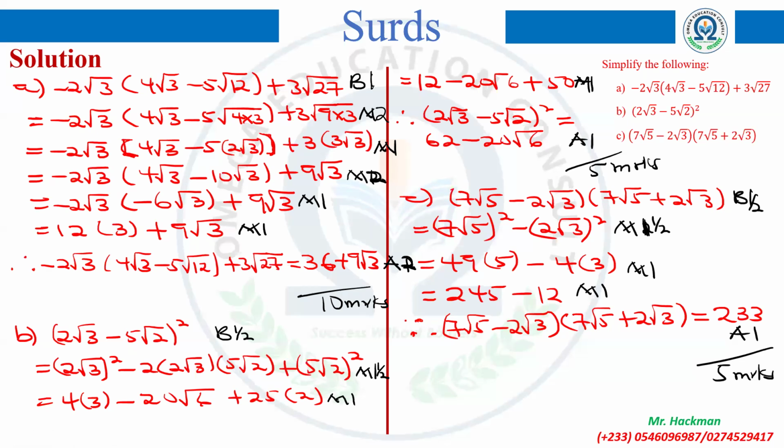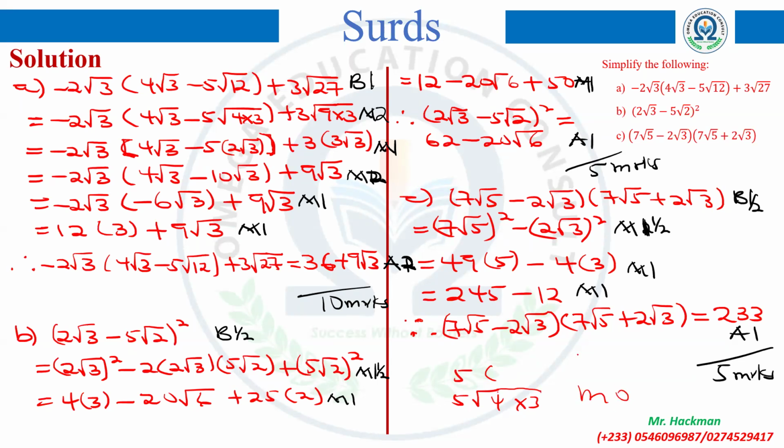So please, if you have any question, take note: anywhere that you are simplifying, assuming I'm using this as an example, especially this particular one, if you wrote 5, then into 5, root of 4 times 3, without the root covering the whole of this, it will be M0, A0.